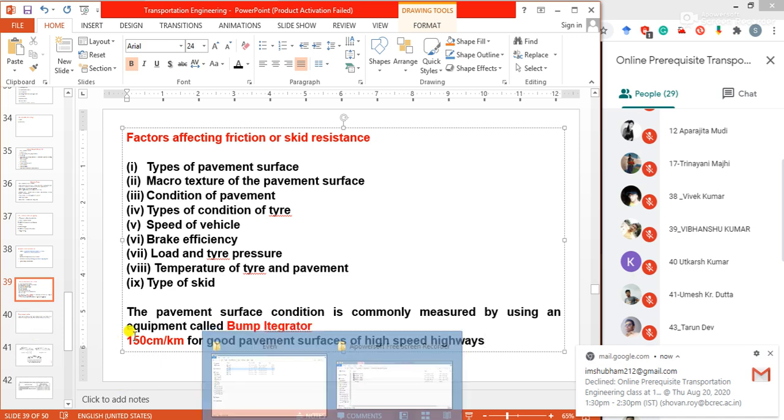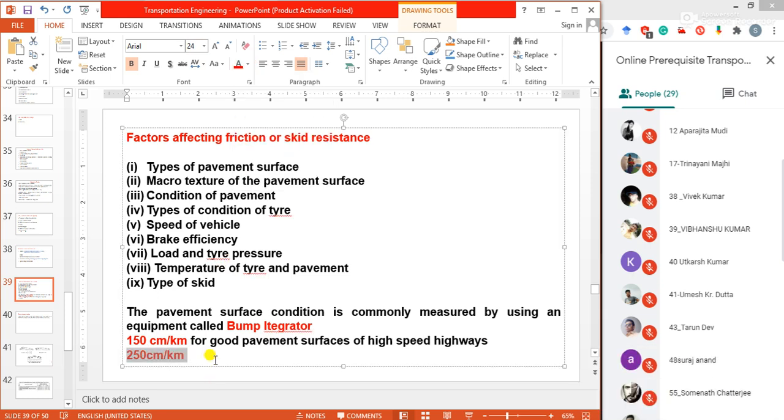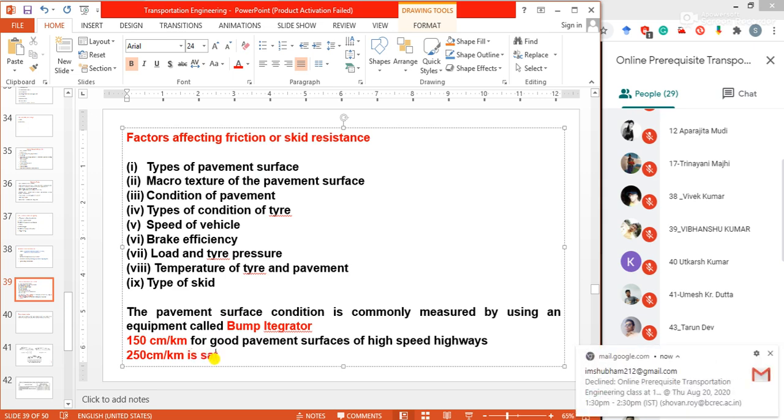So 150 centimeter per kilometer is actually for good pavement, and 250 centimeter per kilometer is satisfactory.